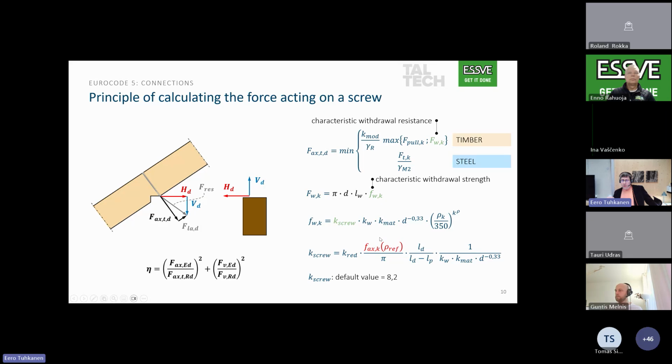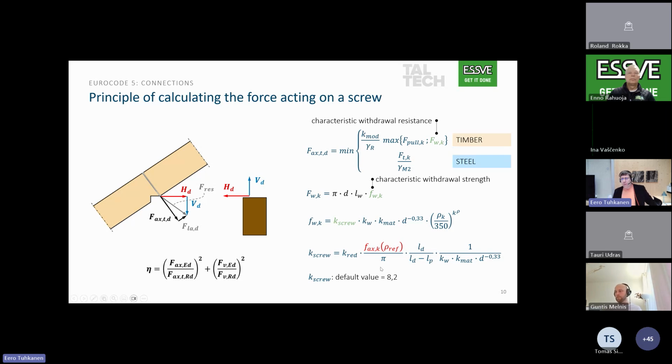But if you are using a screw which has an ETA document, for example the ESSVE ETT screw, then you have to calculate this k_screw value according to the withdrawal parameter given in the ETA document.